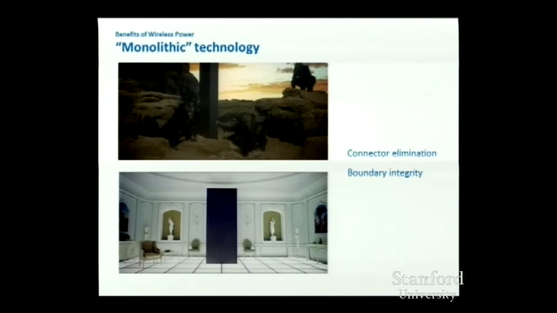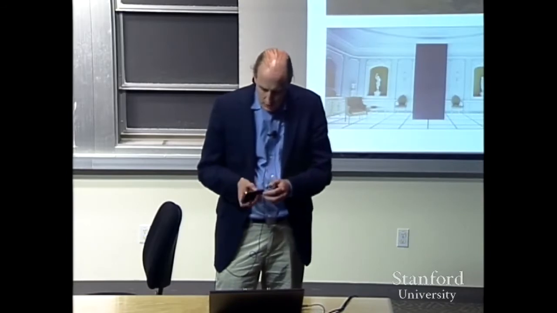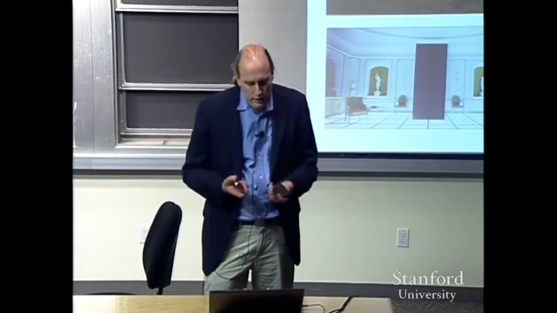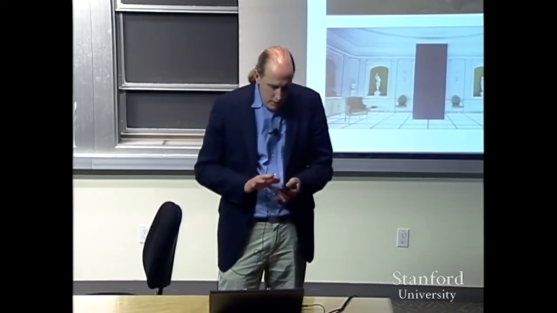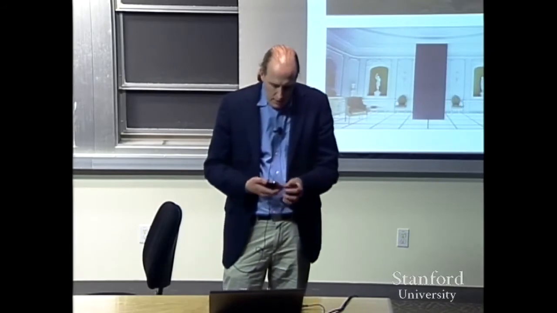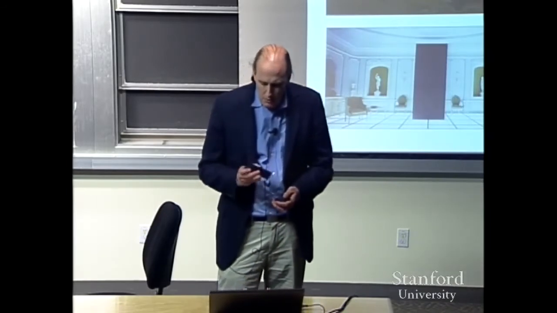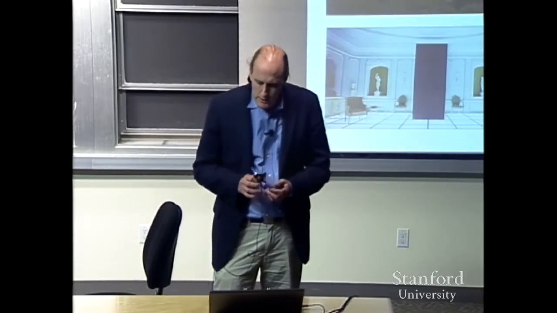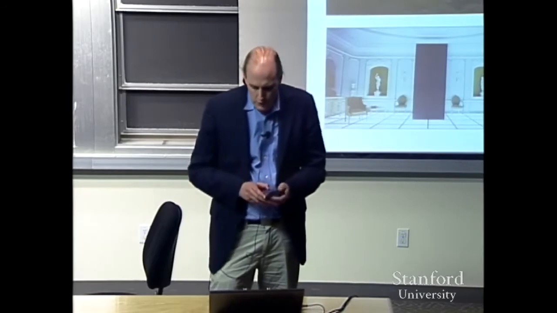Now this is one where I'm not sure I have the best description of it, but the two images you see here are images of the monolith from 2001: A Space Odyssey. So one way to think about this benefit is, imagine you have a future version of the iPhone. Here's an existing iPhone. It has quite a few connectors and buttons, but you can imagine if you have wireless power and wireless data, and if we sense buttons using some kind of capacitive RF sensing technique, then you could imagine making something like a phone that's just a completely sealed monolithic box that has no ports or features whatsoever.